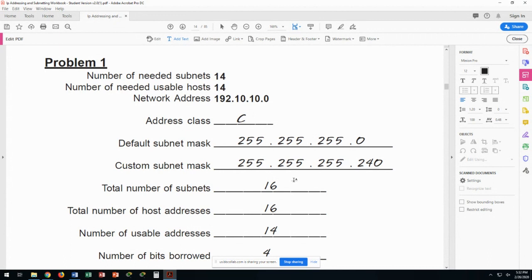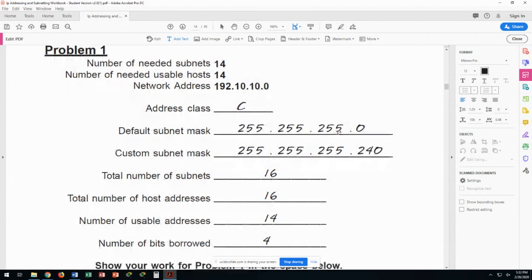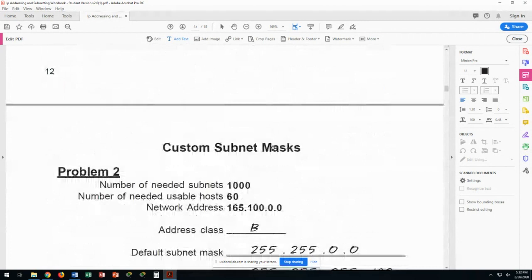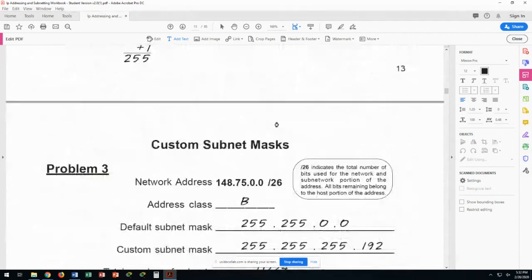Okay. So let's do another one. But this time I'll do one that's not done in the book. All right, let's go ahead and do number 4, which is on page 15.